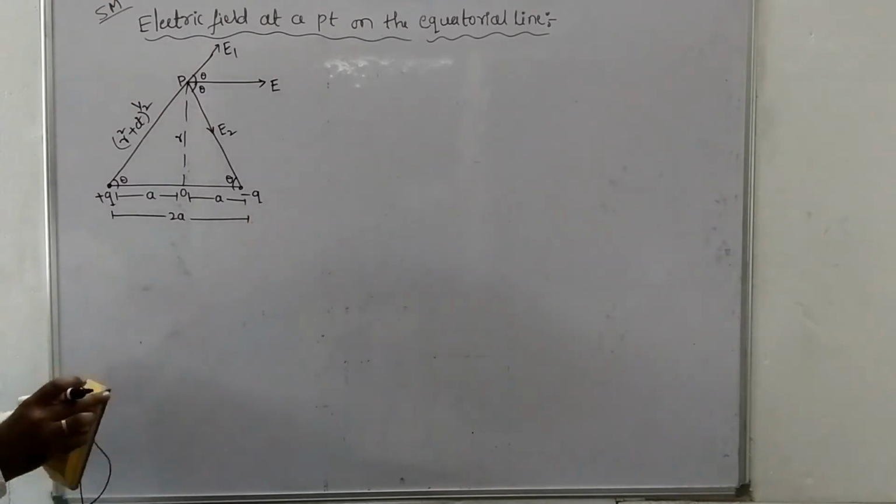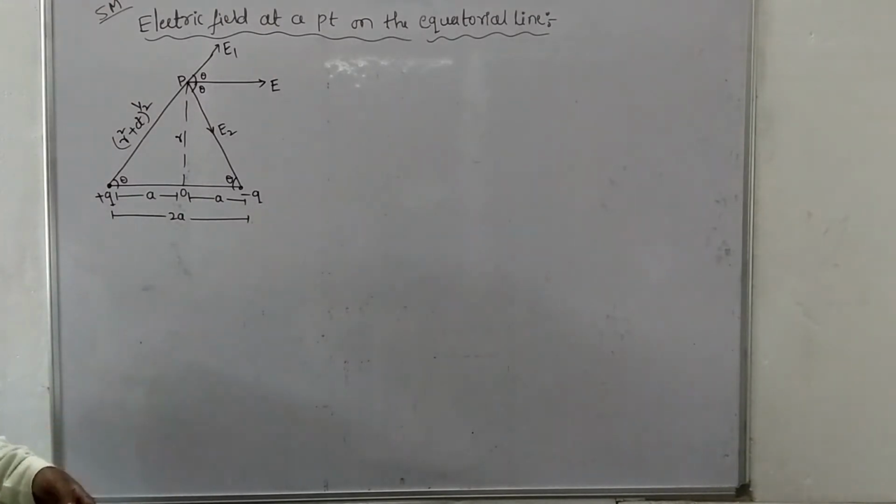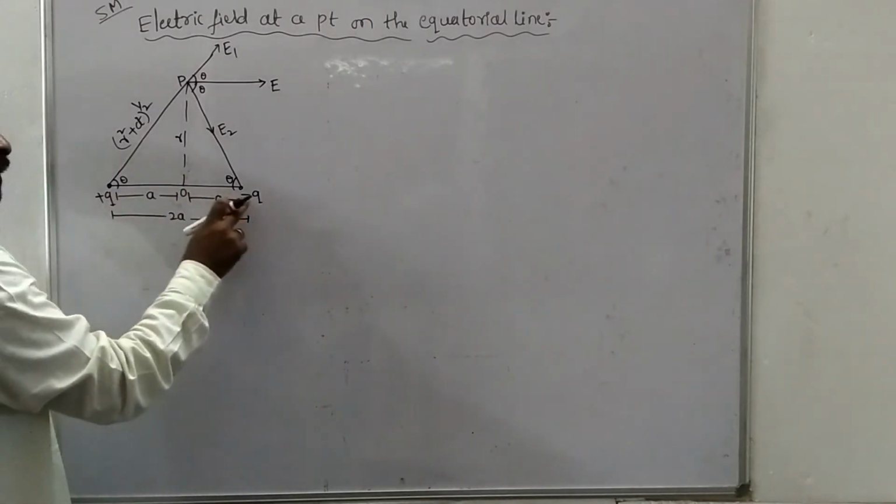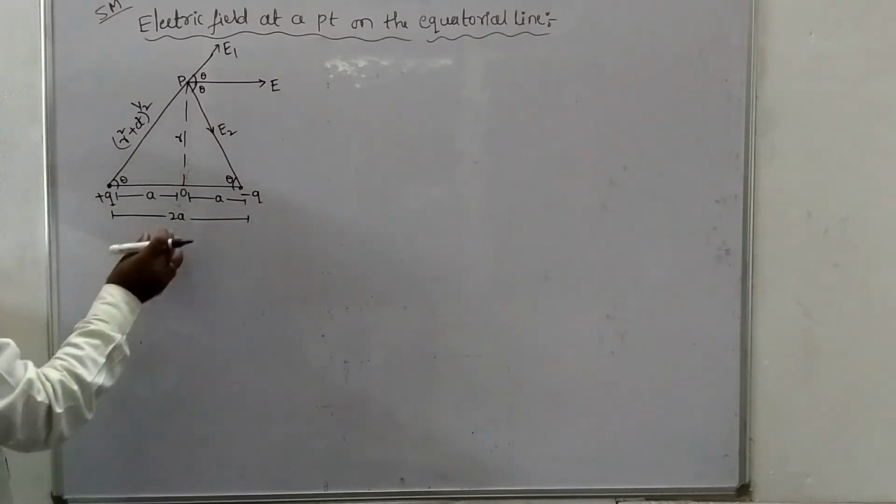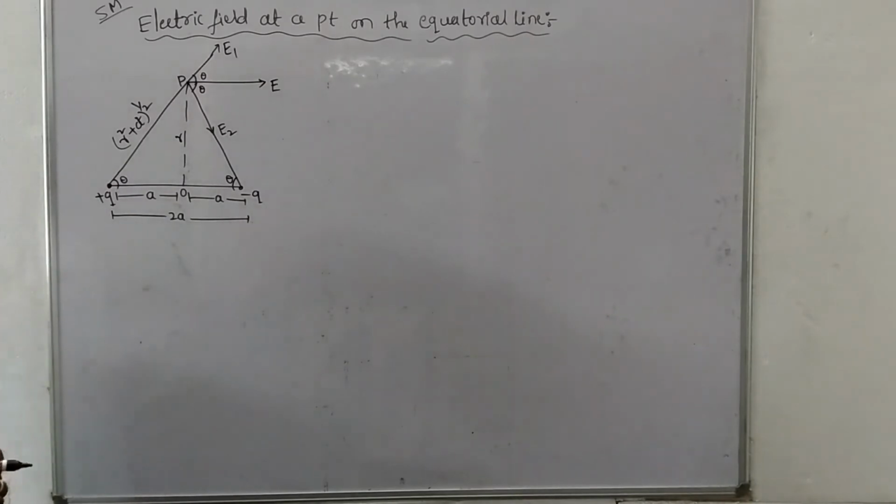So electric field at a point on the equatorial line, it's very important. Consider a system of two equal and opposite point charges separated by a small distance 2a, which forms a dipole.